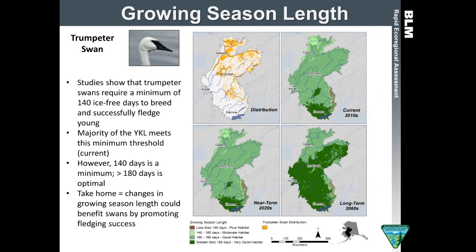The distribution map in the upper left-hand quadrant, in mustard color, is the current distribution of trumpeter swans in the REA. You can see that they occur mostly in the north and the eastern part of the REA. They do not occur in the southern half of the REA.